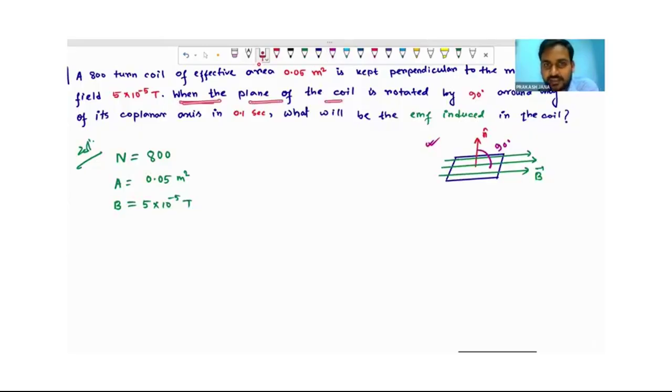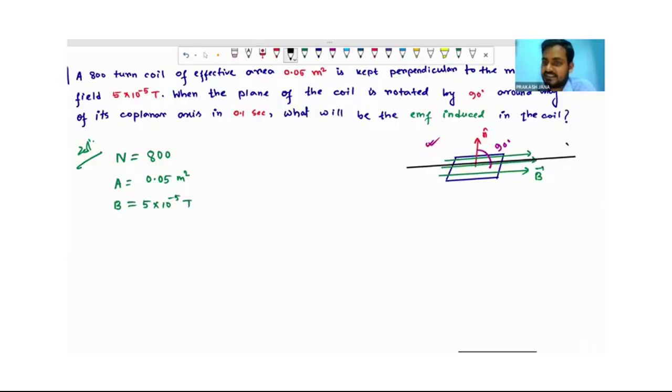When the plane of the coil is rotated by 90 degree. Okay, so now the coil will be rotated by 90 degree around any of its planar axis. So we have to first consider a planar axis, like this.